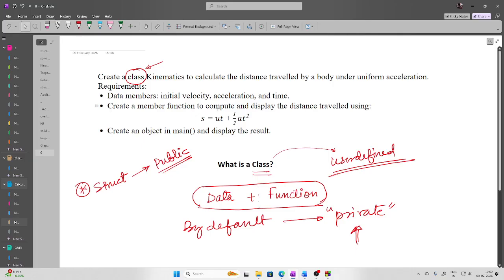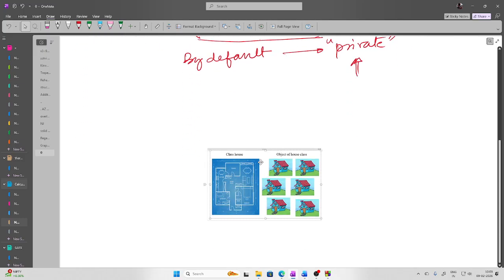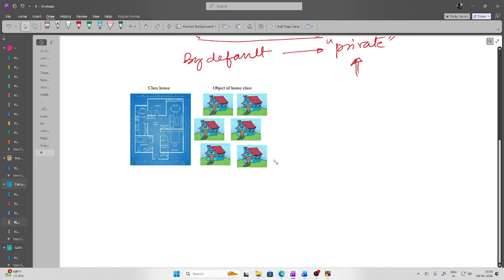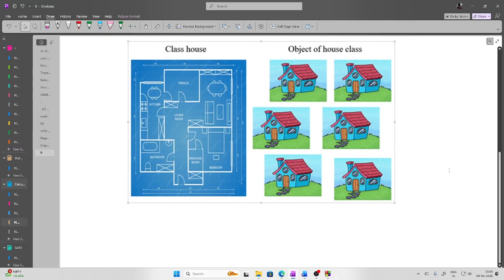So if you want to understand classes more, then look at this particular figure and only focus on this part. This is basically a blueprint of a house: where the dining hall will be, where the living hall will be, where the kitchen will be. Right now this blueprint is not consuming any space because it is on a piece of paper. You can fold it and keep it in your pocket, no problem.